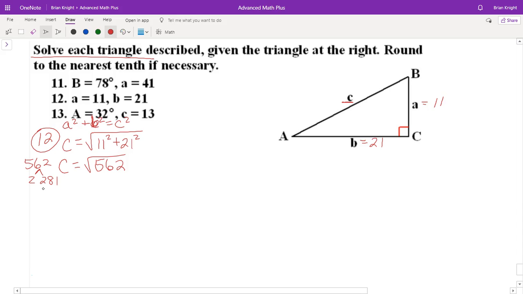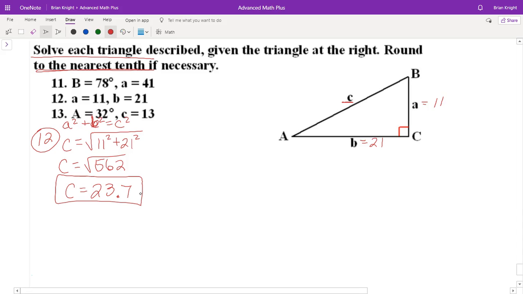We're doing all this for nothing because the question says to what? Round. So we don't have to simplify all that. You just got to put that in your calculator and round. It's 23.7. Man, that's easy. It's always good when it says to round because that means you don't have to worry about simplifying your radical. Okay, so 23.7.